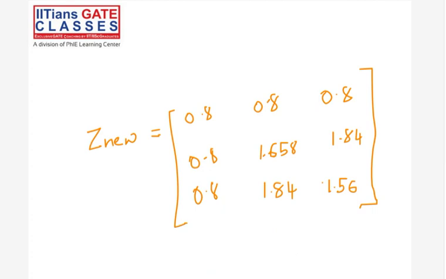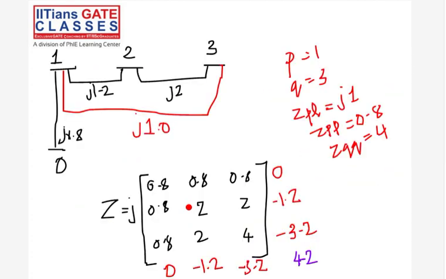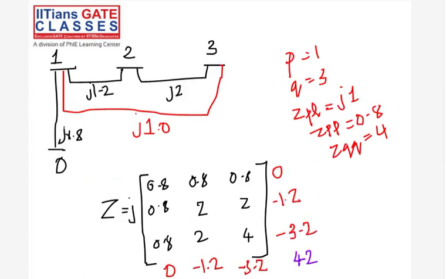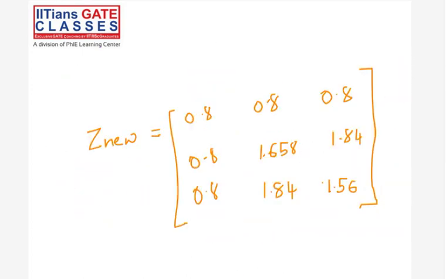So instead of adding, everything is the same. It is like adding a new link, but instead of Z PL we'll take minus Z PL. We'll take the negative value. Is that clear?